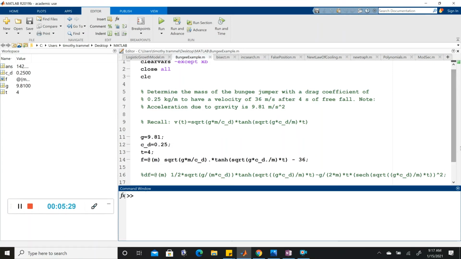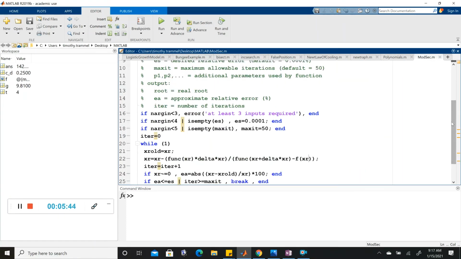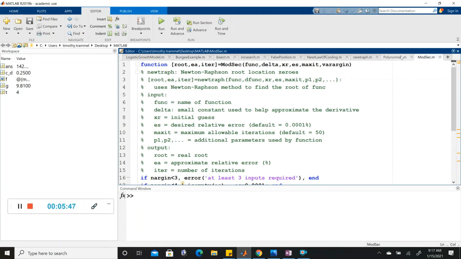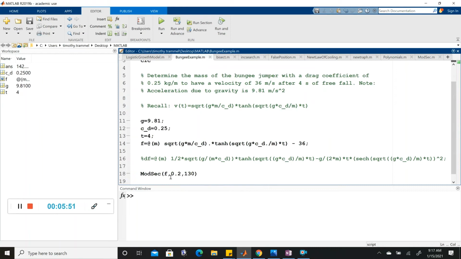I've already typed in modsec, and then we have our function f, and then the second input, rather than defunc, we were going to make delta. If I go back to my bungee example, for delta I just chose 0.2, something small. Then we need an approximation of the root, and we're saying it's close to 130.